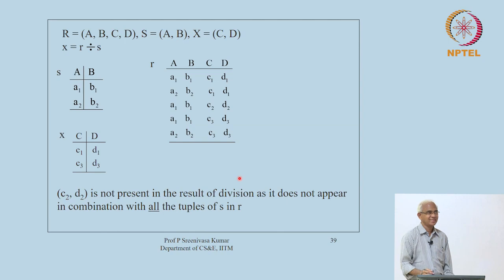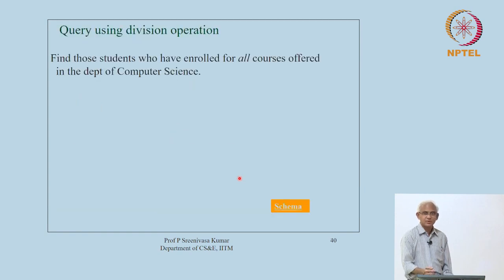Some time ago we used to have this interesting situation that the number of faculty was less, and so the number of electives were less. So the dual degree students ended up doing almost all the courses that are available in the department. Nowadays it is not really possible for many of you to do all the courses in the department. So find those students who have enrolled for all courses offered in the Department of Computer Science.